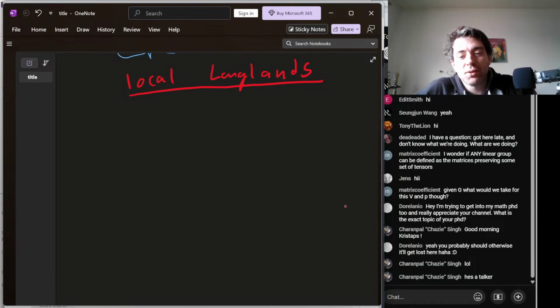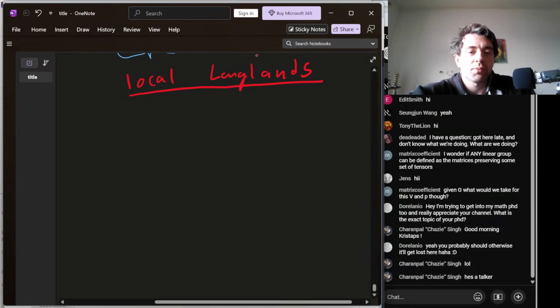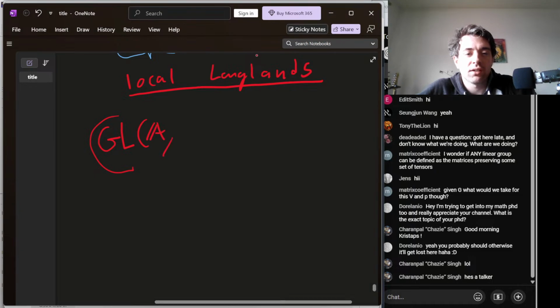So we got local Langlands. So very roughly, my research falls into local Langlands. What is that about? Well, generally, Langlands says that there's sort of nice representations of some group, like GL. GL over what? Well, there's all sorts of different things. They could be adeles, they could be global fields, they could be local fields, all of these weird things can go in here.